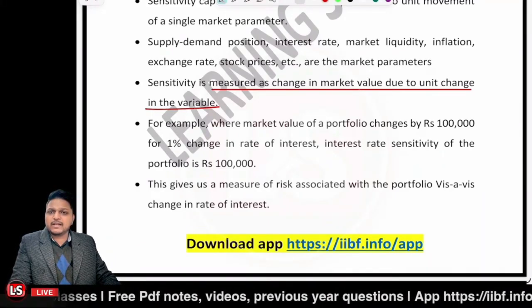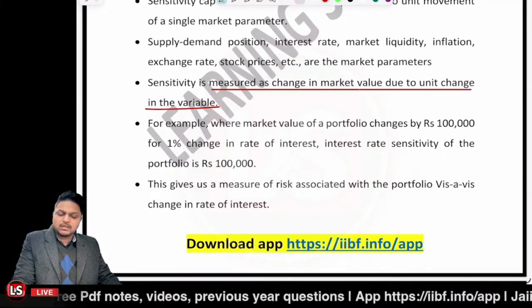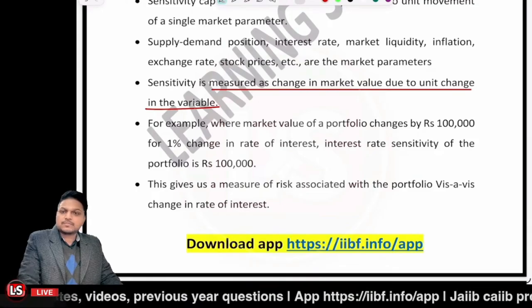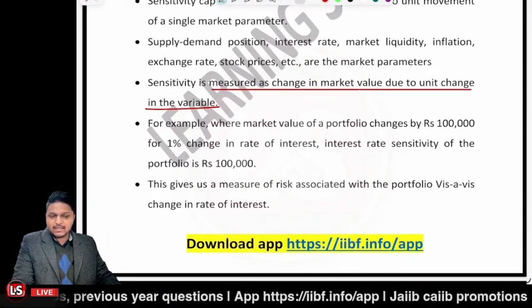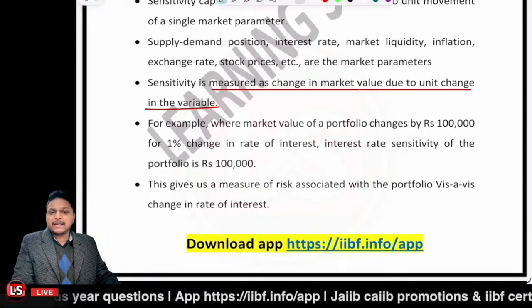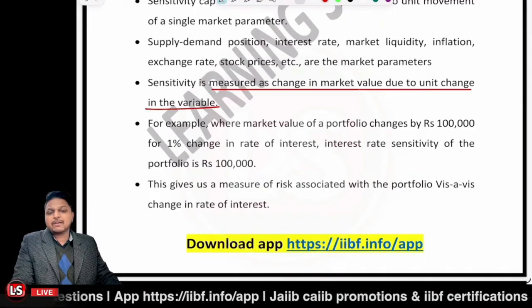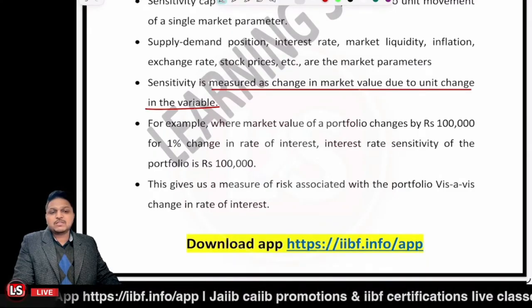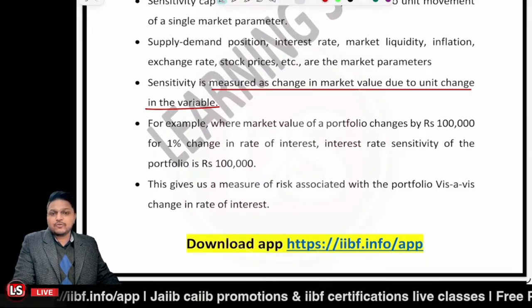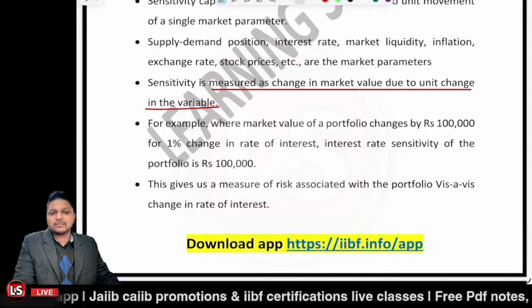Now let's consider an example related to sensitivity. Let's say the market value of the portfolio changes by rupees 1 lakh for a 1% change in the interest rate.